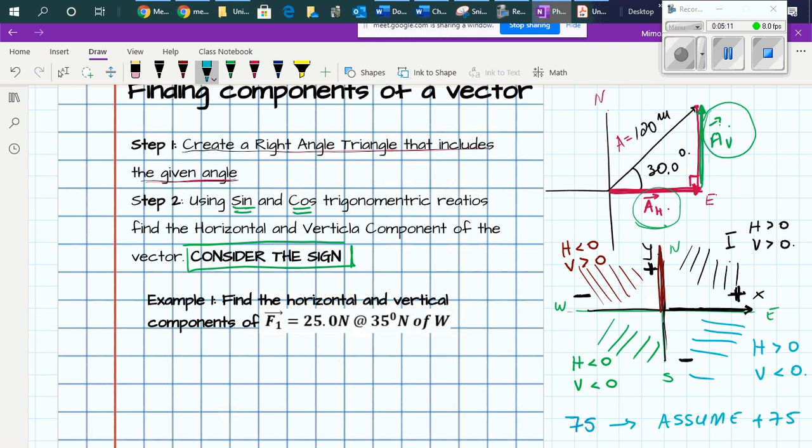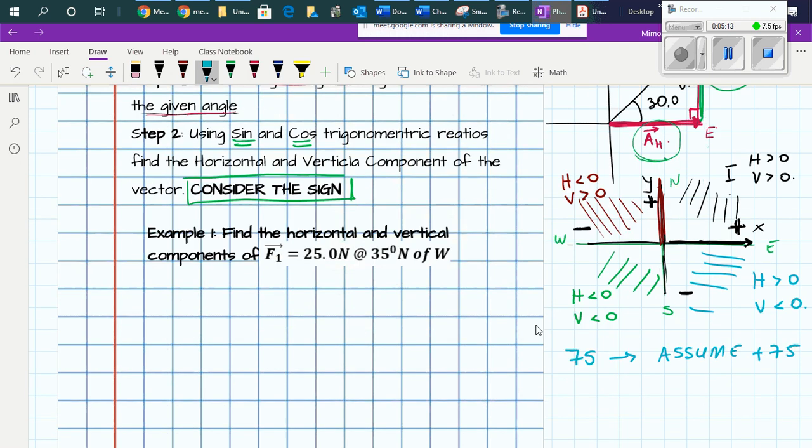However, in physics, if we say 75, then we are talking about a scalar quantity. In order to make it clear that we are talking about a vector quantity, we have to say positive 75. This positive sign tells us that you are dealing with a vector quantity. Is this clear, the theory of how to find the components and why stating the positive sign is important?